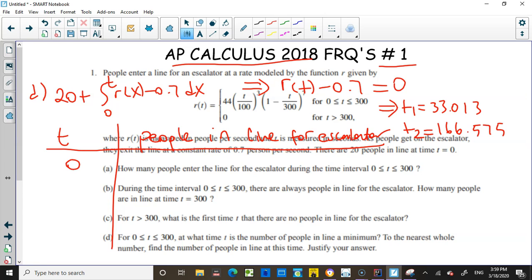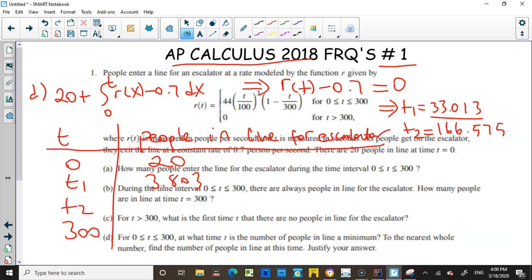When I plug this in, I get 20, because we already know there are 20 people at t equals 0. The other values are t1, t2, and 300. If I plug in t1 into the expression, we get 3.803.